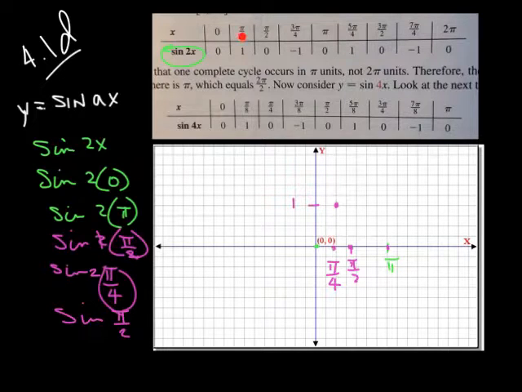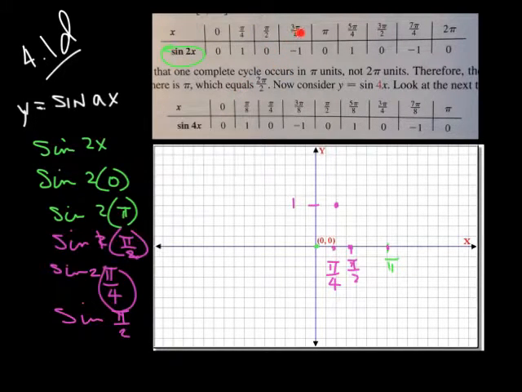So when we take our x value, multiply it by the number in front of the x, and then take the sine of the whole thing, this is the number we get. That's very important, because we're going to be making some crazy tables later, and you have to be able to understand what's going on here.